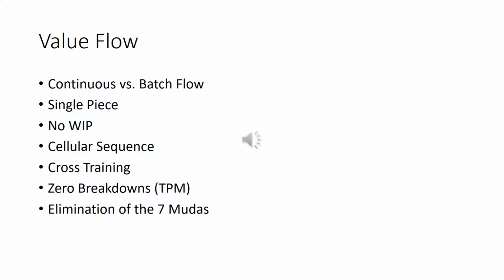Basically what you want is a single piece, no work in progress. You want everything within reach, cellular sequence, right? And if you have more than one piece per person, you've got to cross train, right? So you can go to the different stations. And it relies on absolutely zero breakdowns. You have a breakdown, you're pretty much screwed. So TPM becomes important. But it's all about eliminating the 7 mudas.